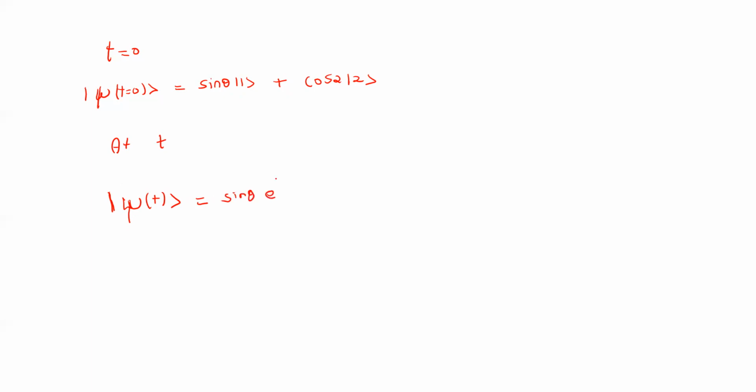So this is the time dependent term, e to the power minus i E1 by h bar multiplied by t. This comes from the solution of the time dependent part of the Hamiltonian.